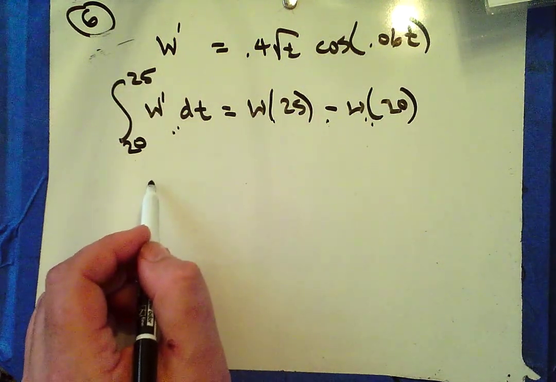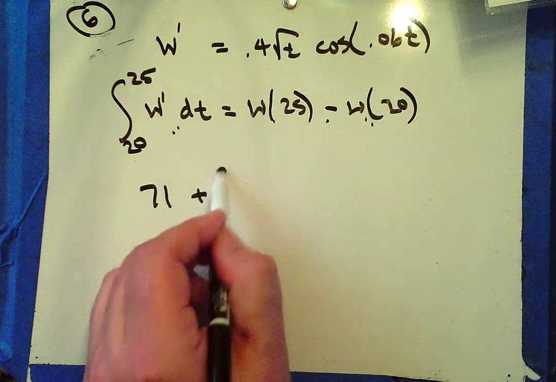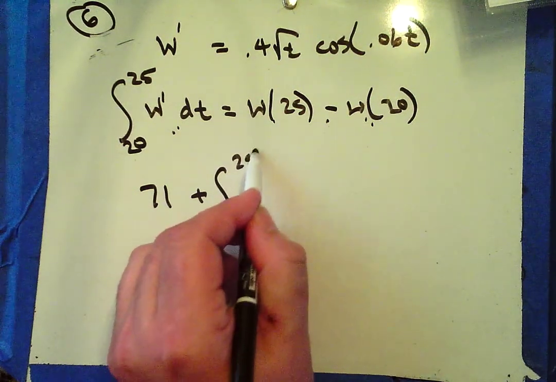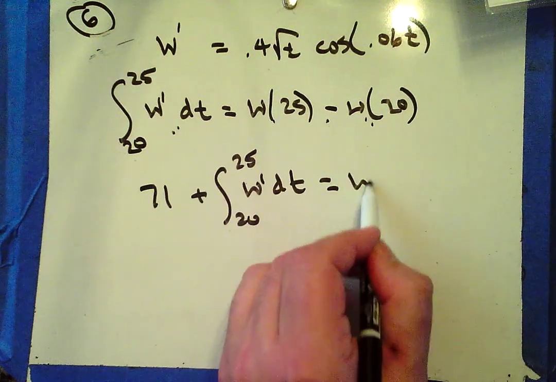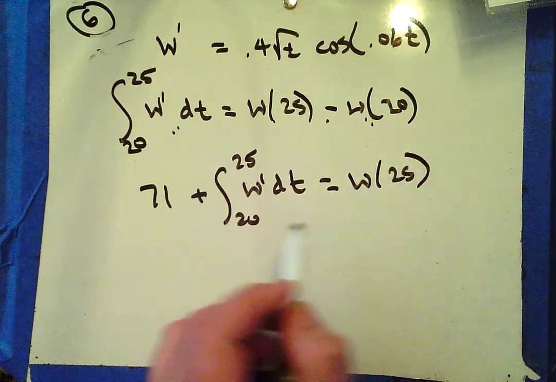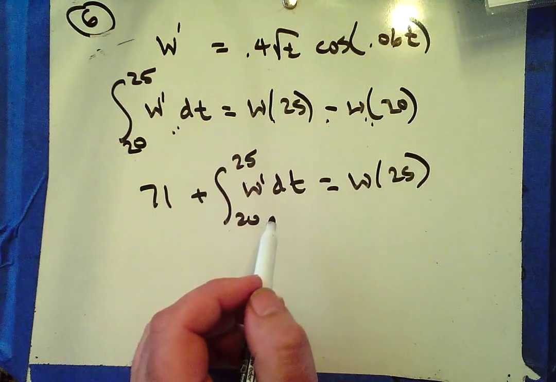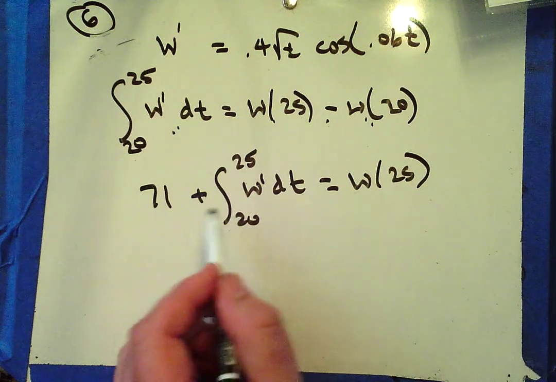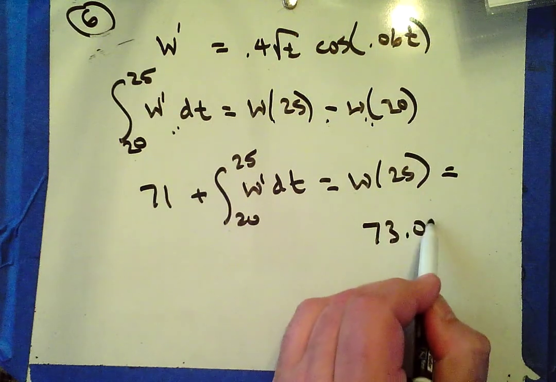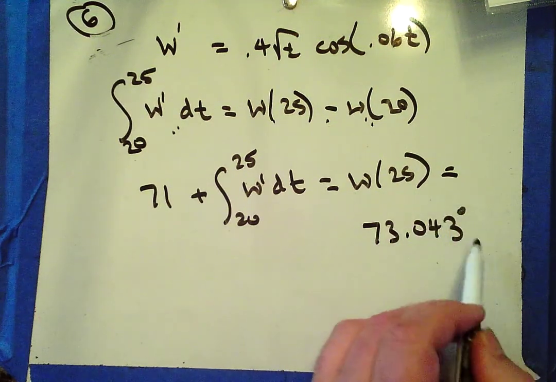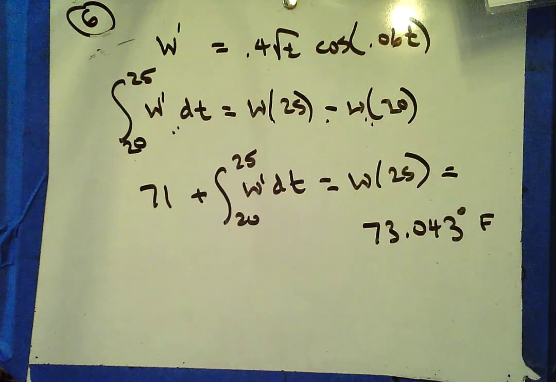So this was 71 plus the integral from 20 to 25, W prime dt equals W of 25. And I integrate and add 71, I end up with 73.043 degrees Fahrenheit. Okay, there's problem number 6.